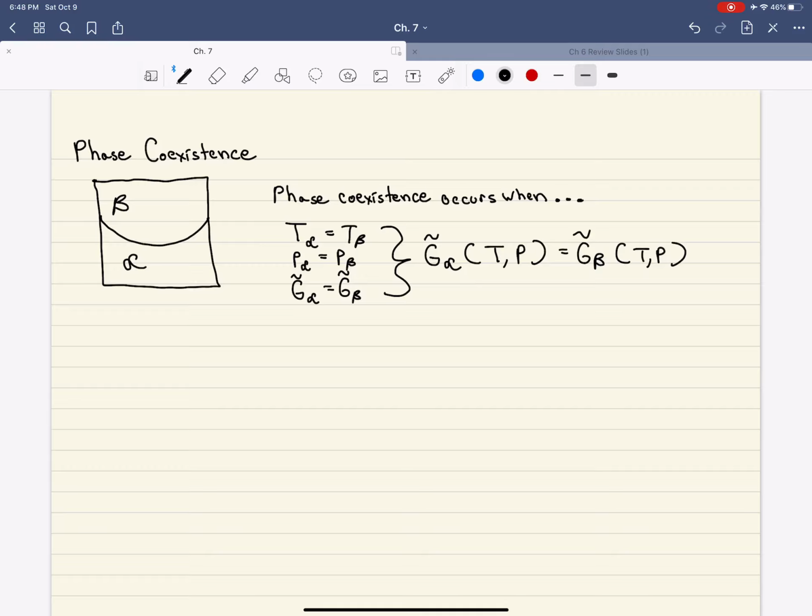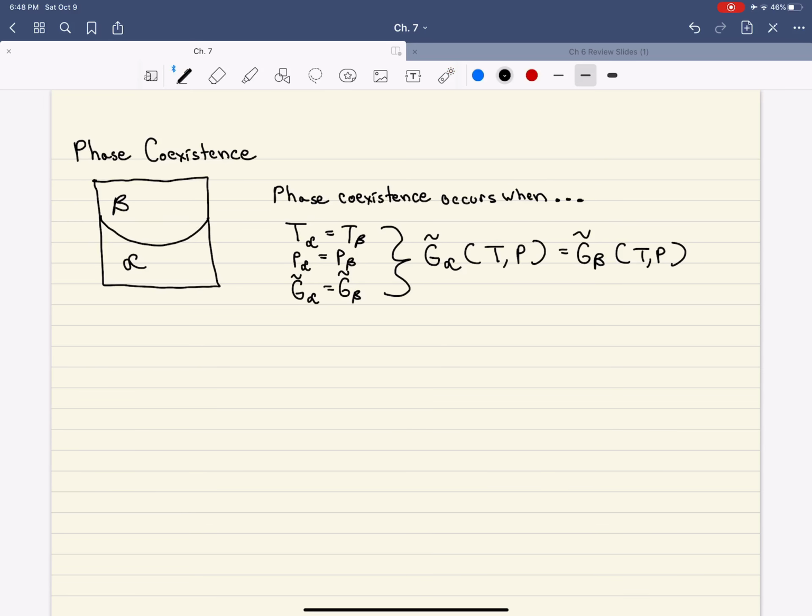If this criterion is satisfied, the chemical can exist in both the alpha and the beta phase.